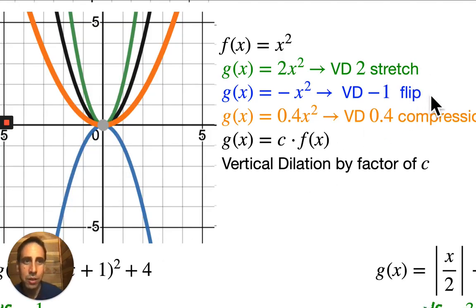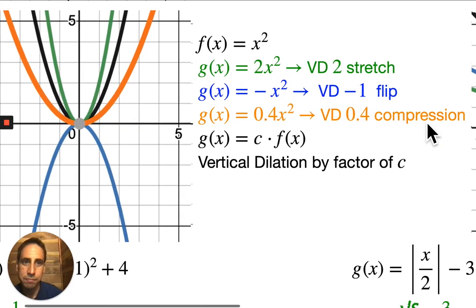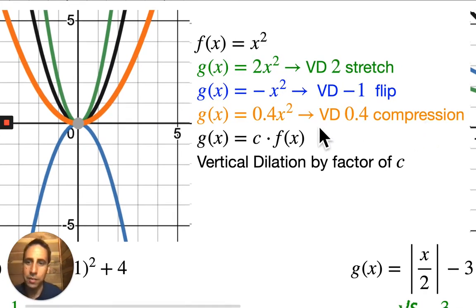We got a stretch, we got a flip, and the last one is a compression. That means, like, if you printed the black original parabola on a loaf of bread and you squeezed it, what would that look like? All of the y values would be closer to the x-axis. So here's a y value of 1 right here, and it gets cut down to 0.4 because we're multiplying everything by 0.4.